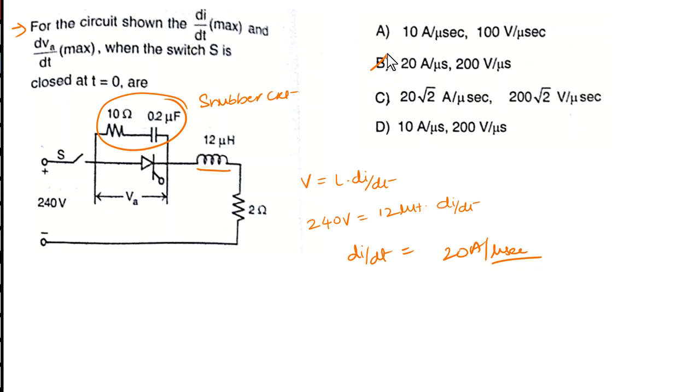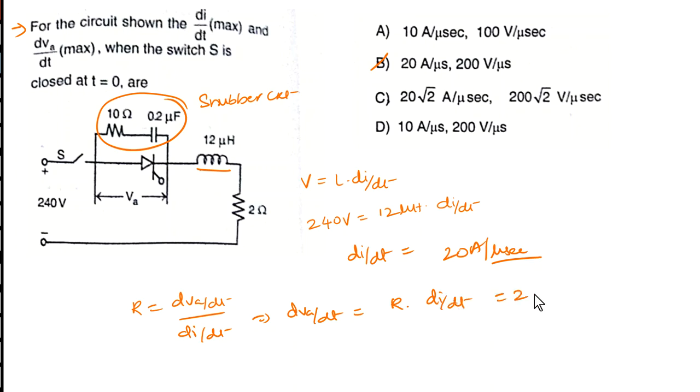Now what about this dVA by dt? For this, we take the resistance value R is equal to dVA by dt divided by dI by dt. So dVA by dt is equal to R into dI by dt.